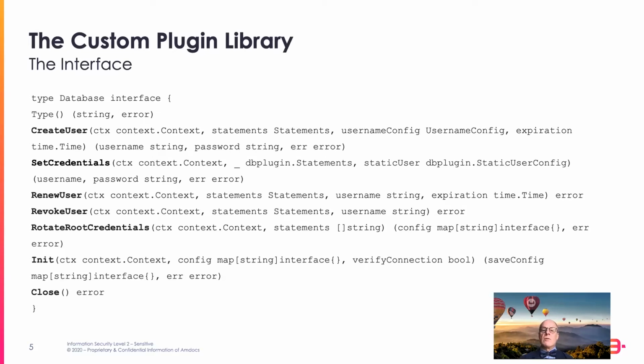When the rotate root method is executed, the plugin internally generates a new password and passes that back to Vault, and it is not shared with anybody outside of Vault. Set credentials, on the other hand, receives username and passwords from Vault and uses it to manage less privileged accounts. Close, of course, will terminate the plugin and bring the process down.